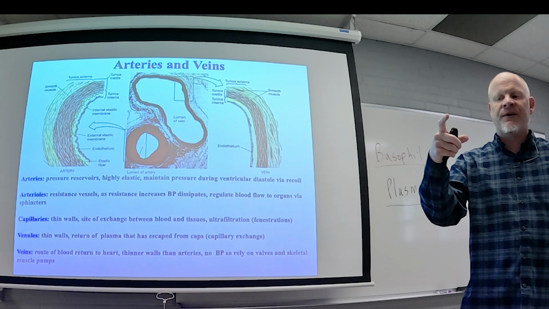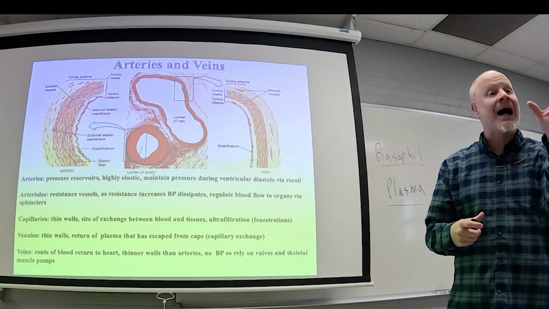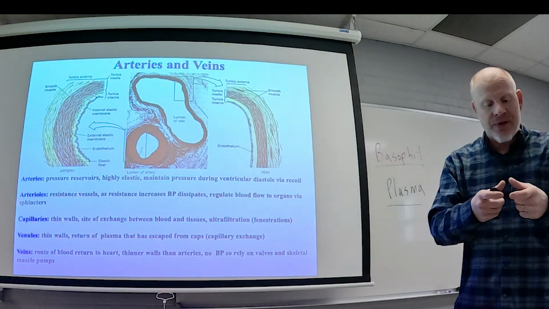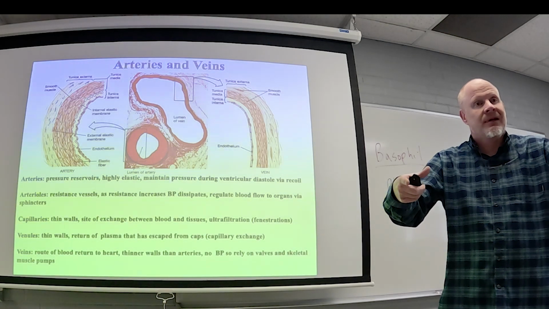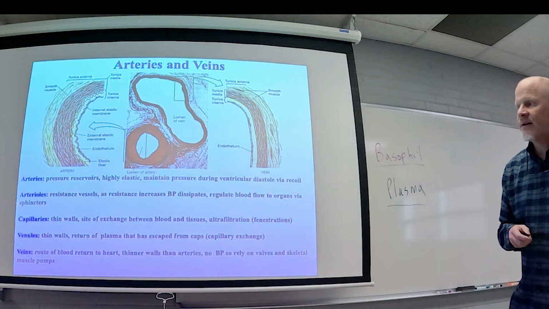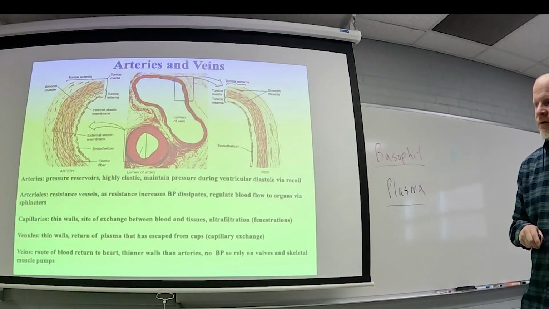So think about it. When your ventricle contracts, you're throwing a big glob of blood into the aorta at high pressure. And so the aorta is going to receive it and stretch as it receives this ejection of blood, this 65, 70 mils of blood being injected from the left ventricle, for example.